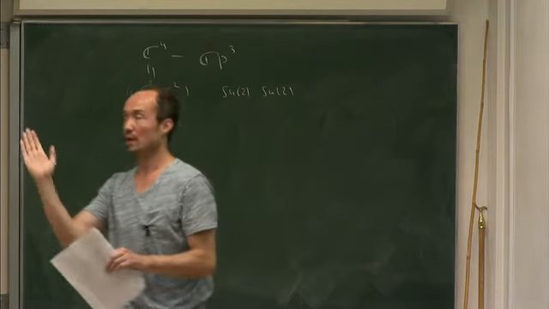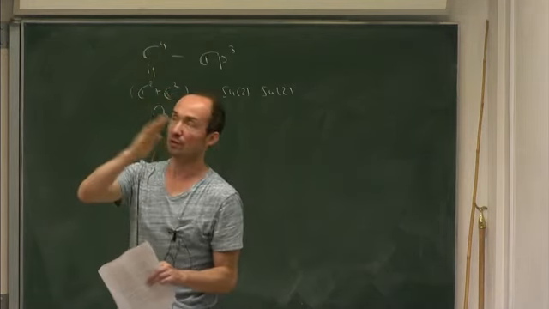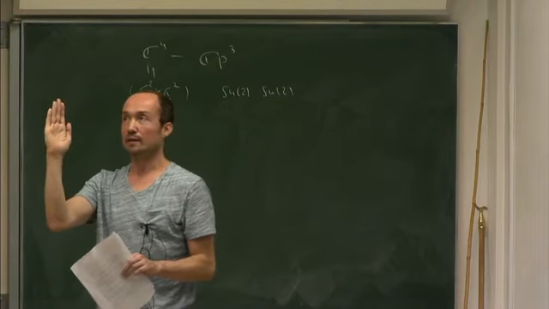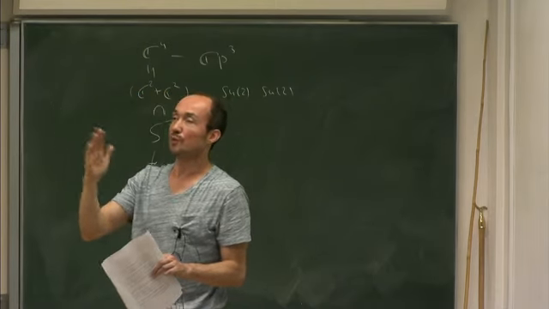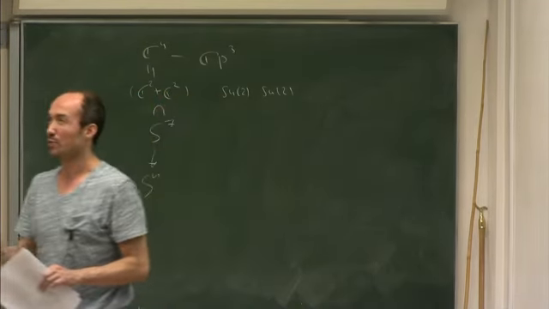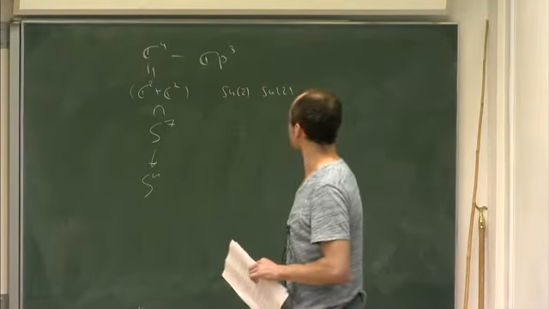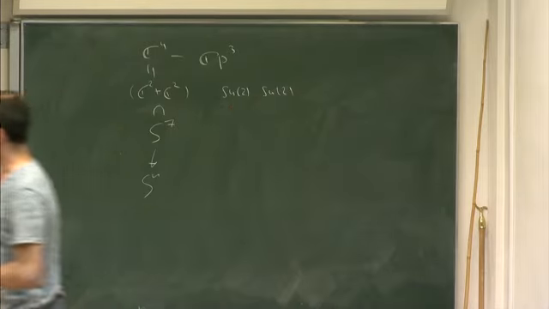So you have a family of lines, a complex two-parameter family of lines, or a real four-dimensional parameter family of lines.